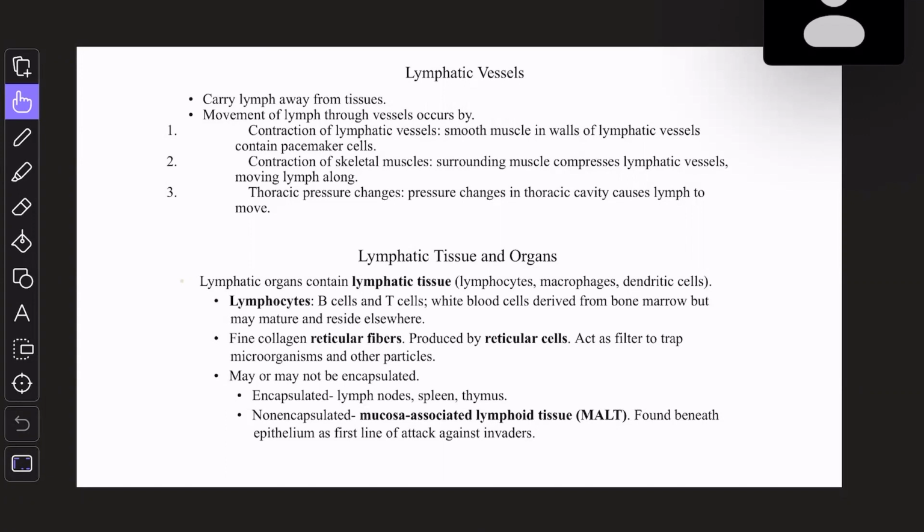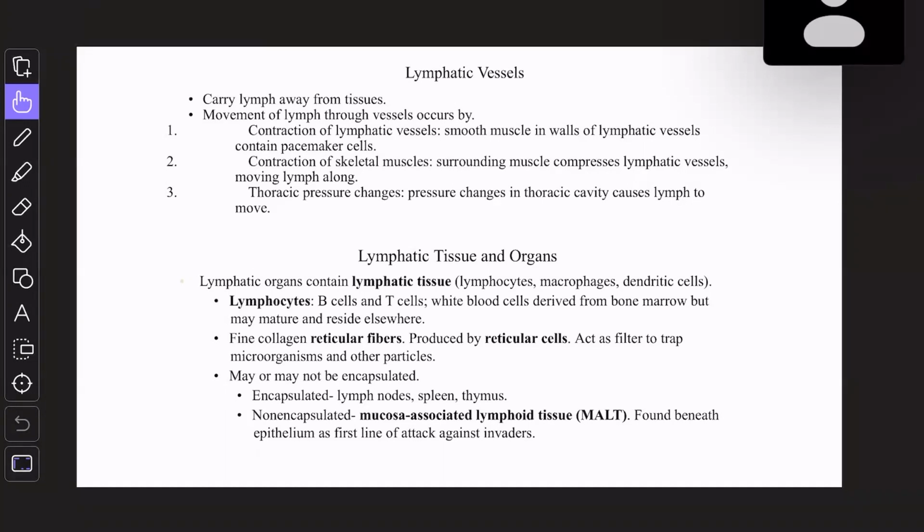All right, so this is still anatomy stuff, right? So you need to understand what lymphatic vessels do, and what is going to cause the contraction of those lymphatic vessels. So not so much what's going to cause the contraction of the vessels, but what the purpose of contraction is, right?